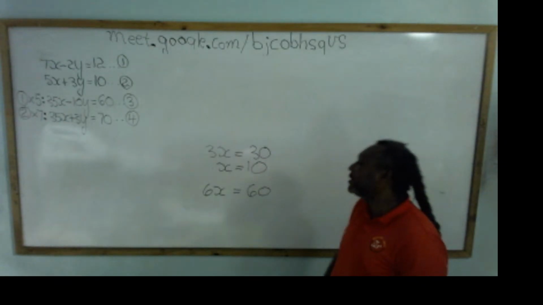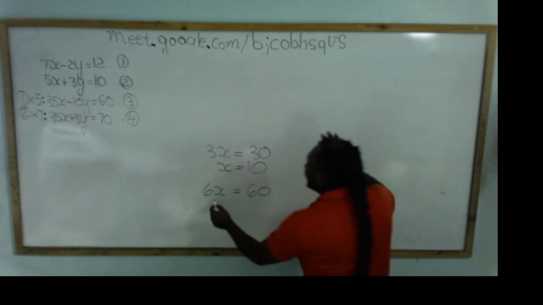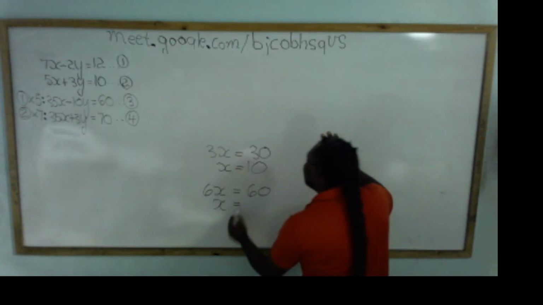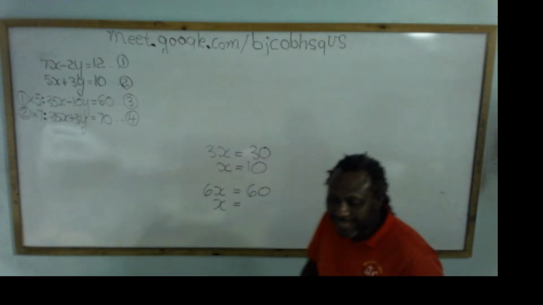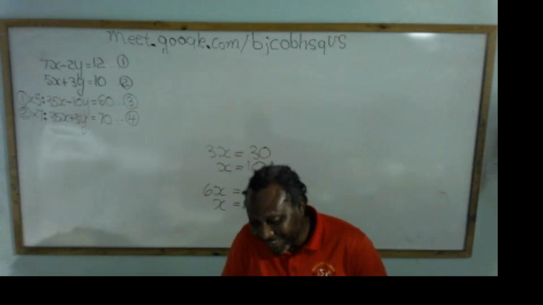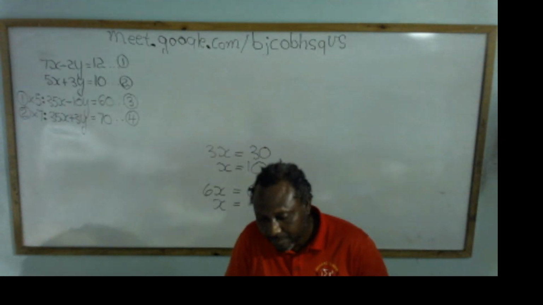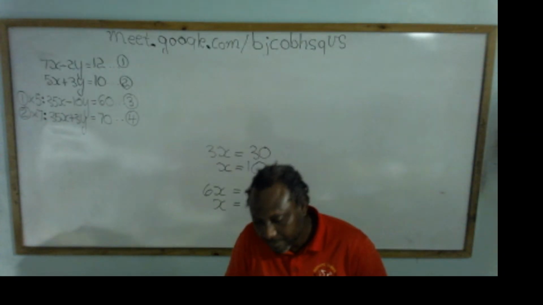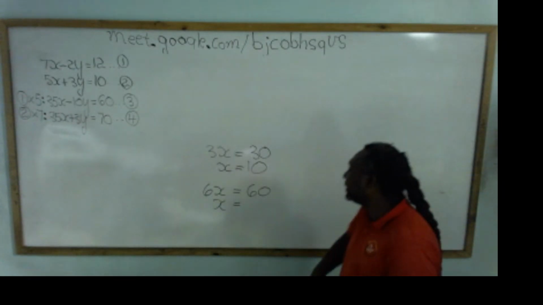So if 6x is equal to 60, what is x equal to? I see that again. 10.